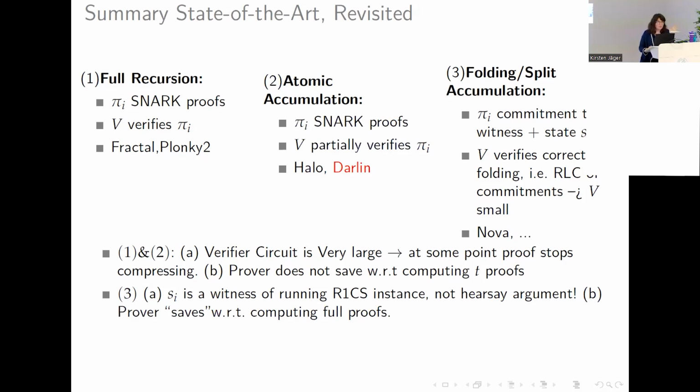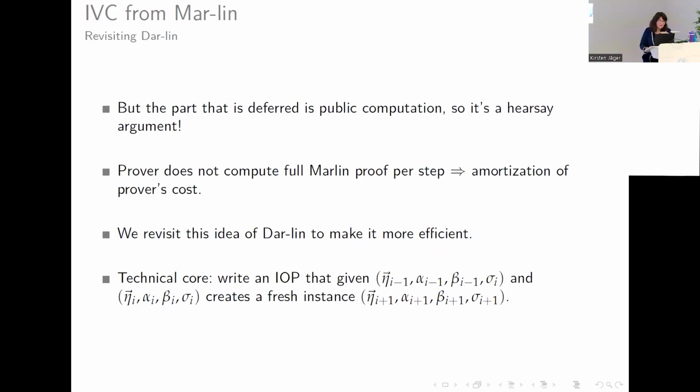That's a very complicated topic, but at least to me, it's useful to summarize the state of the art. This explains how you would delegate, so how you would implement this idea with this Marlin proof system. Okay, so that's it.